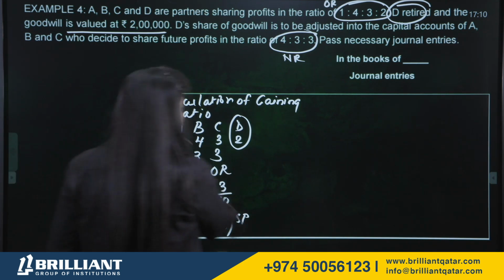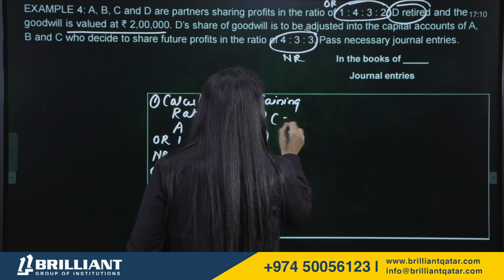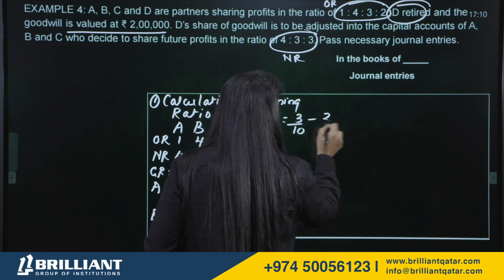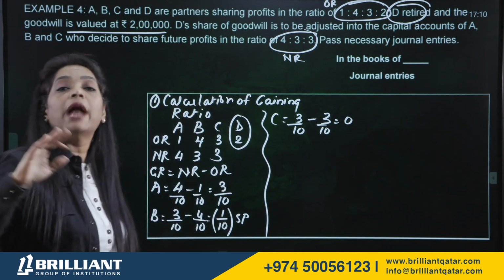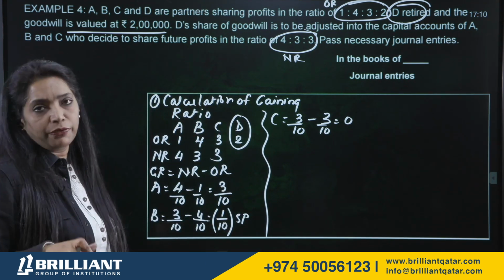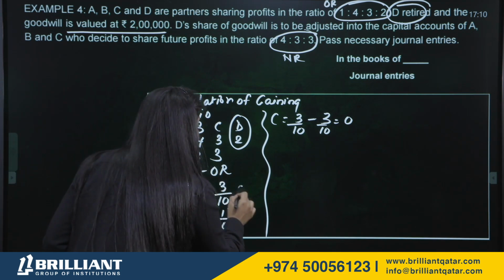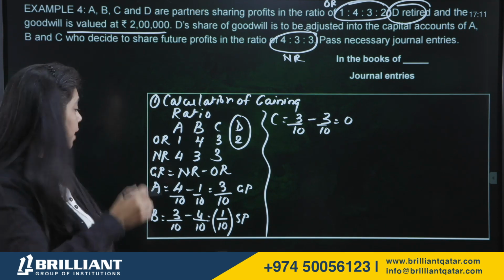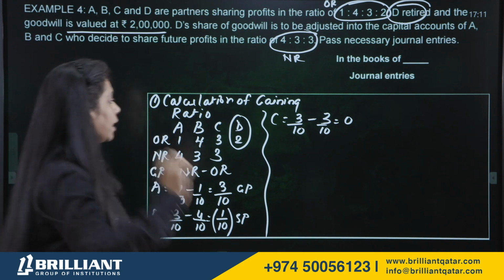In case of C, it is 3/10, that is the new ratio, minus 3/10, which is equal to 0. That means C is neither gaining nor sacrificing. So in this particular question, it is only A who is the gaining partner, whereas you have a sacrificing partner, that is B, and C is neither gaining nor sacrificing.